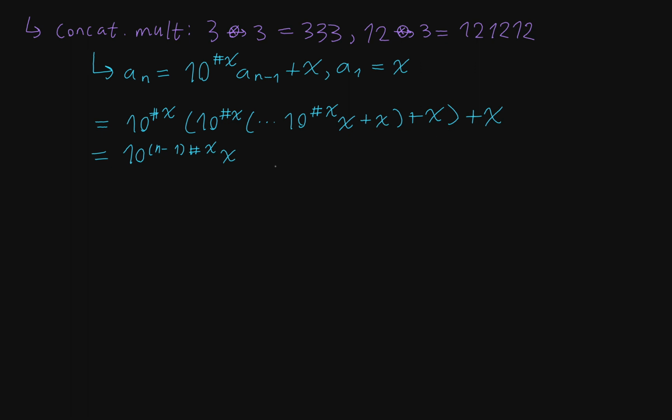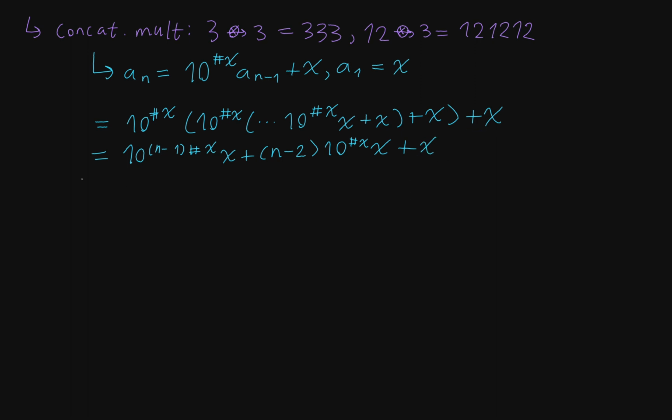And then with this, we're going to have always one less than what we already had for this power. So that's just going to be plus n minus 2 of these, n minus 2 of 10 to the digit count of x times x. And then we just have the original plus x on the outside here.